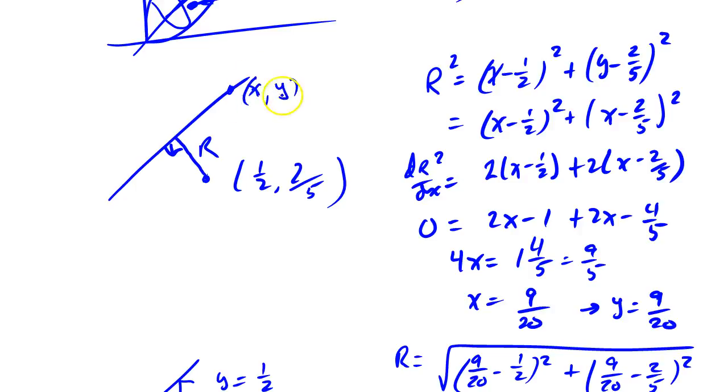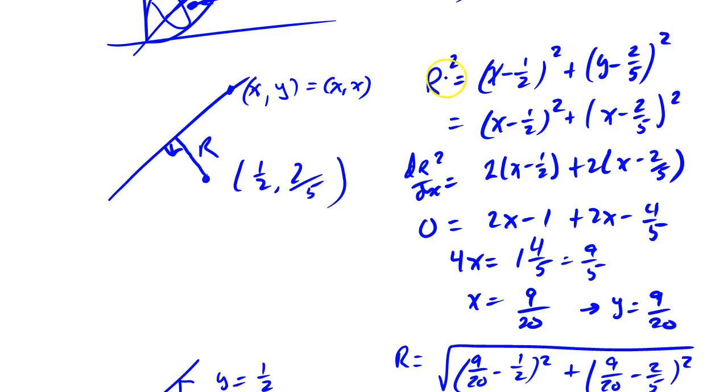So this is the point x, y, but because it's actually on the line y equals x, this is actually the point x, x. Anyway, the distance squared is (x minus 1/2) squared plus (y minus 2/5) squared. So the difference between the x values here and the y values there, square them and add them up, and then take the square root.